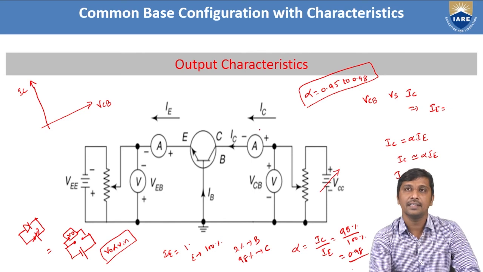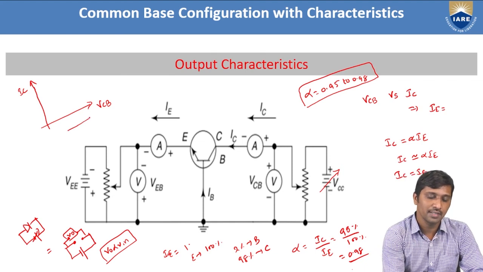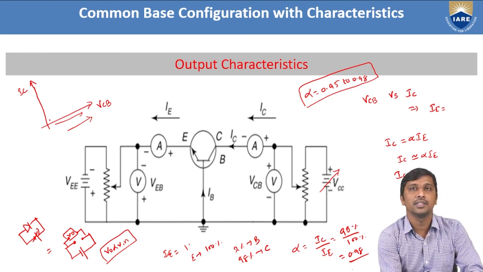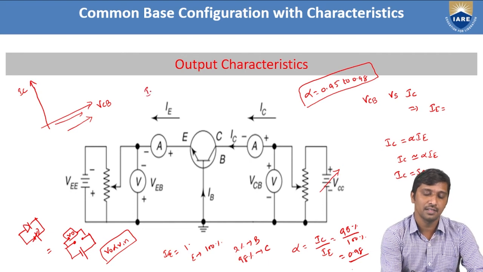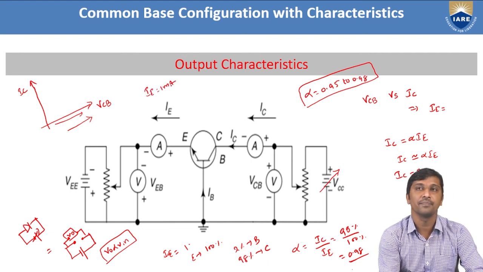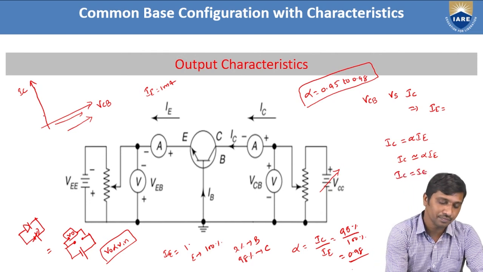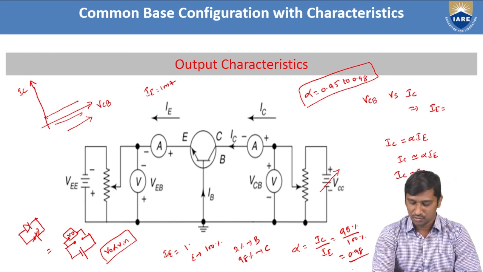But the collector current is trying to reach the emitter current. So if you keep increasing VCC, VCB also increases, but the collector current is trying to equal the emitter current. Suppose IE is 1 milliampere, IC is also trying to reach only 1 milliampere. So this is 1 milliampere and this is also 1 milliampere. That is the reason.